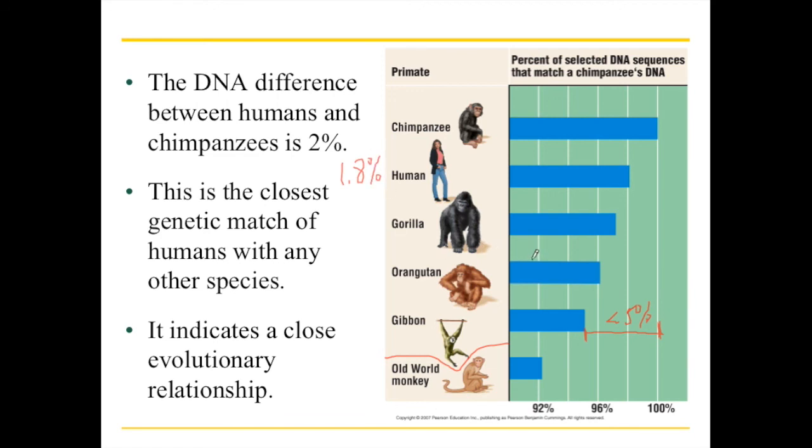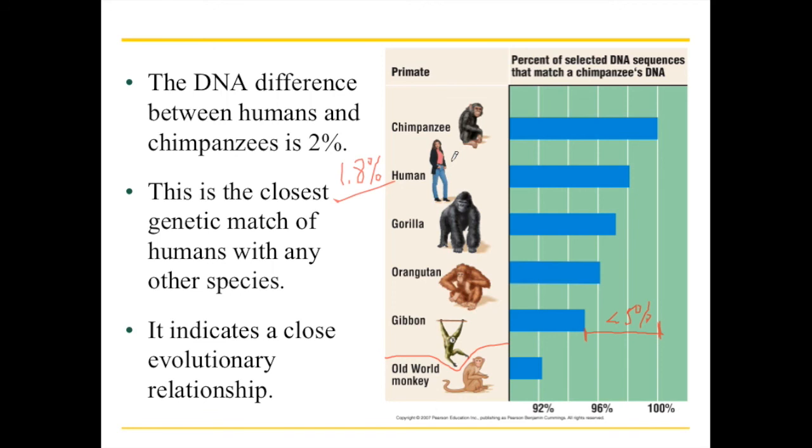Most people, when they make measurements, would allow measurement errors that are more like 3 or 5%. So the precision, like if you go and buy some cloth and they say, okay, it's going to be a yard long, well, they give you a little extra because they don't want to get caught in giving you too little, right? They give you a little bit extra. So that doesn't matter to them. That's a lot more than 1.8 or 2%. So this is a very close genetic match.